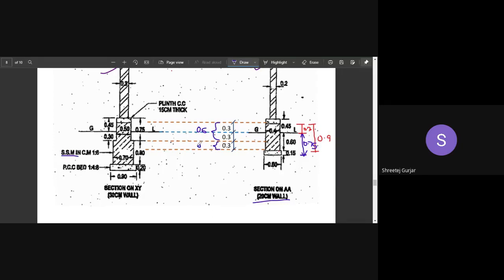So we need to calculate in two steps for the stone masonry in your 20 centimeter wall also, because it is coming in contact with your 30 centimeter wall at the junction. We cannot just directly calculate. We need to deduct appropriately based on the stone masonry in my 30 centimeter wall. So we will look into the calculations and we will have a clear idea.